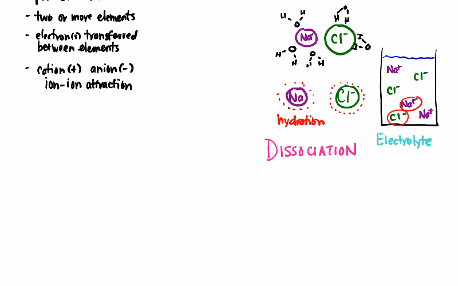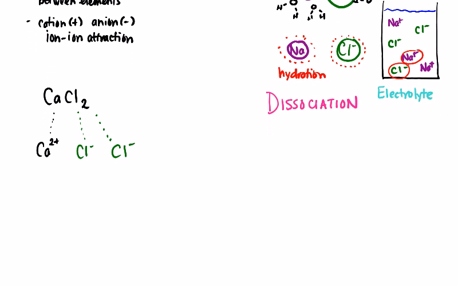But sometimes you can have ionic compounds that have more than one cation or more than one anion. For example, let's look at calcium chloride. If this compound dissociates, what happens is that the calcium dissociates into a 2+ ion, and the 2 chloride ions will be released, and they're 1 negative each. You can also have a compound that has a polyatomic ion.